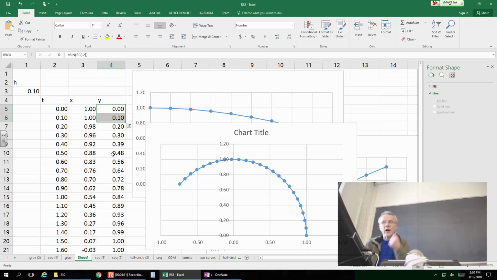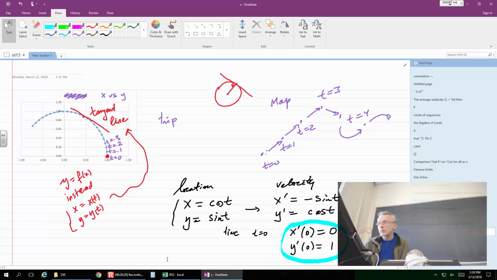We progressed up, and that is the derivative equal to 1, and this indicates the derivative equal to 0, pretty much, or close. That indicates the direction of our motion. It also tells us what the tangent line is. What is the tangent line through that red dot over there?